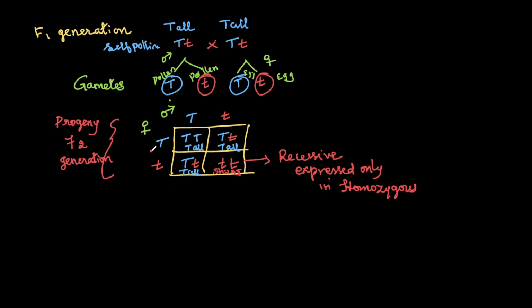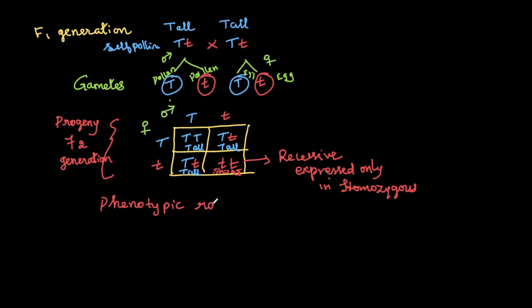So now let us write about the individuals we are getting in the F2 generation, or second filial generation. We are writing the phenotypic ratio of F2 generation.